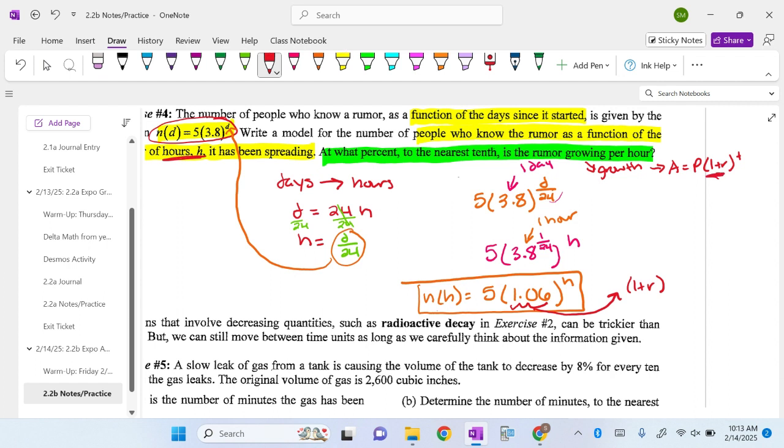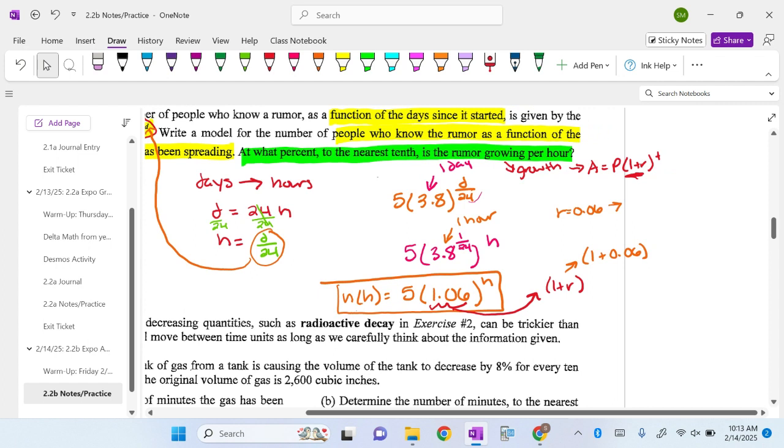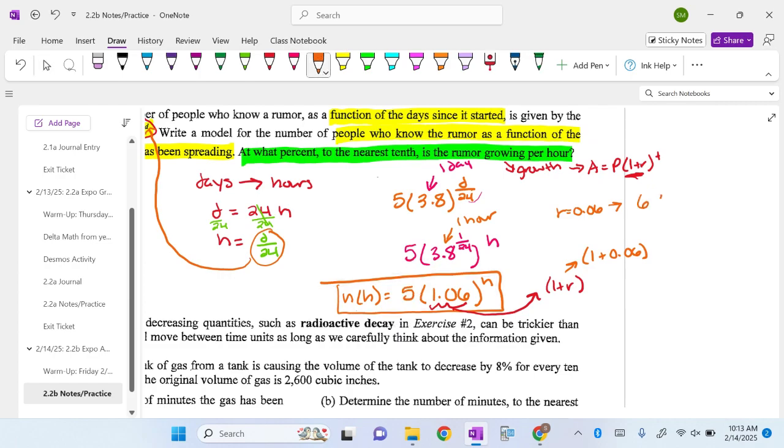So guys, what's our R value? 0.06. All right. If we put this as 1 plus 0.06, we should get 1.06. So that means that as a decimal, R is equal to 0.06. So as a percentage, how much are we increasing per hour? 6% per hour.